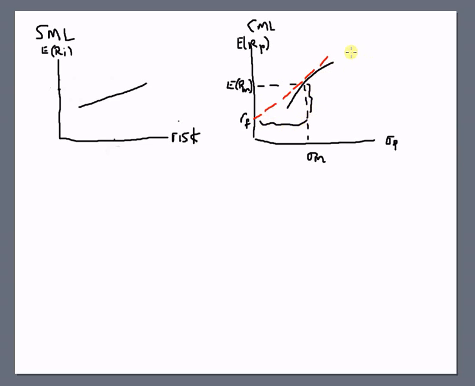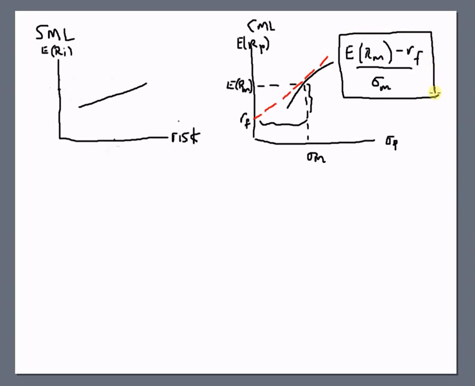So the slope of this line is obtainable by the expected return minus the risk-free rate, over the standard deviation. Okay, so you can think of this as the risk premium per unit risk under the CML framework in the portfolio.